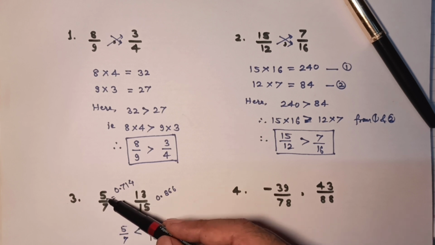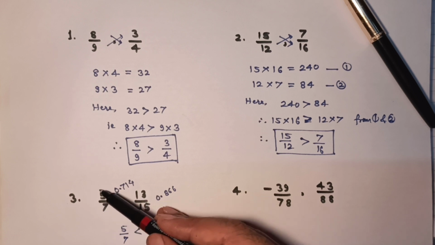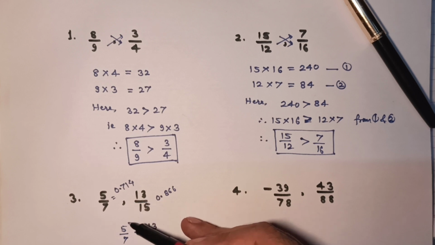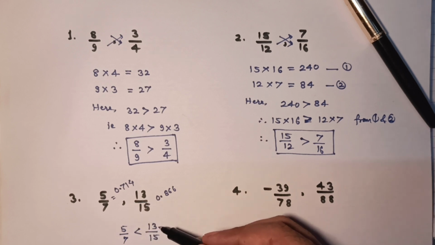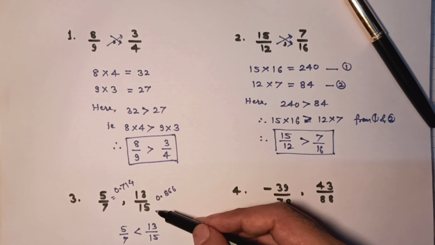Here the difference is 2, again the difference is 2, the numerator 5 is smaller than the numerator 13. Therefore 5 upon 7 is smaller than 13 upon 15. Very important rule, very famous rule which you can apply when you have to give only a direct answer. Just see the difference, but it is valid only for equal differences.